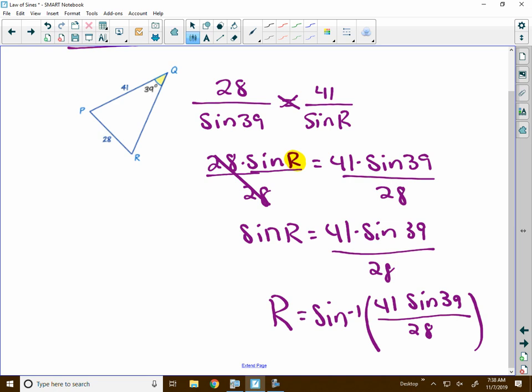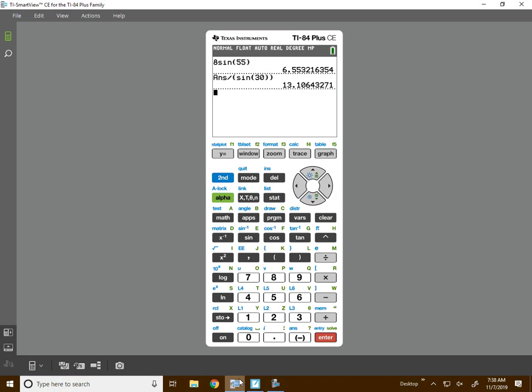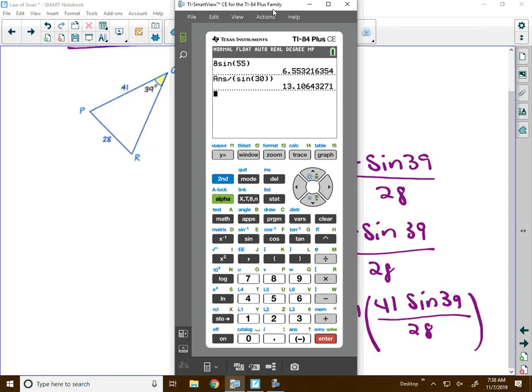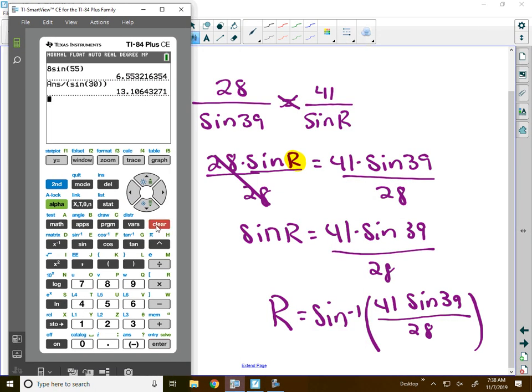Okay, now talk about something complicated to put in your calculator. This one is not the easiest. So I'm going to walk through that with you. Okay, you ready?